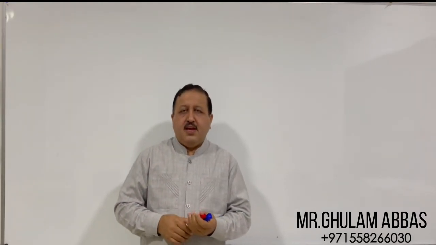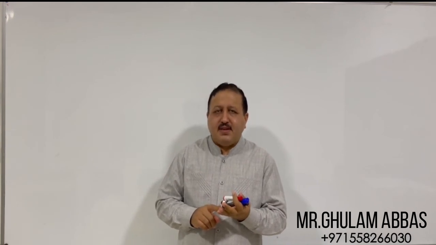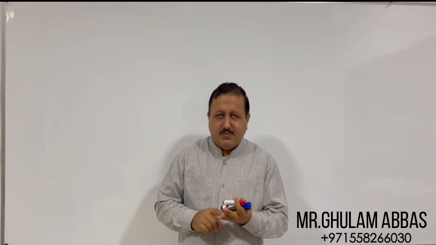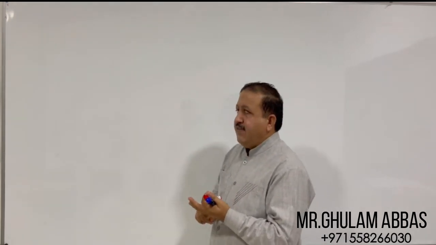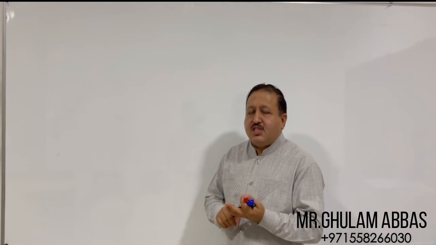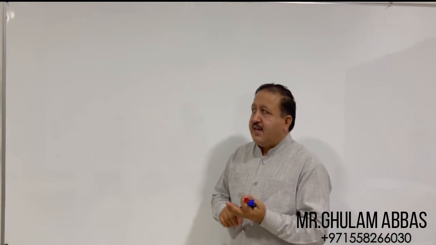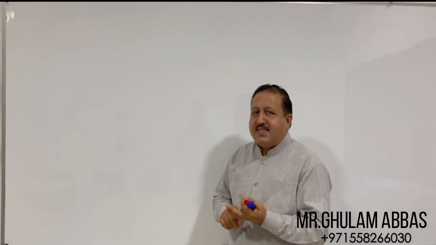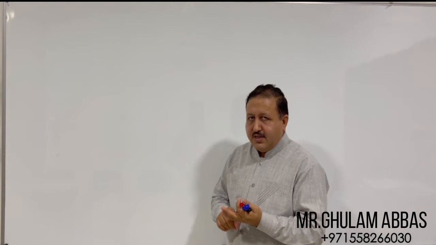In the first lecture, I will explain what is mole, how we can calculate the number of moles if mass is given in grams, in milligrams, or in kilograms. But today, I will explain the calculation of number of moles if the moles are given in the balanced chemical equation, or if the masses of elements are given in the balanced chemical equation.